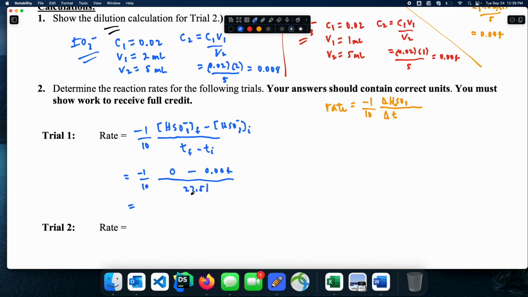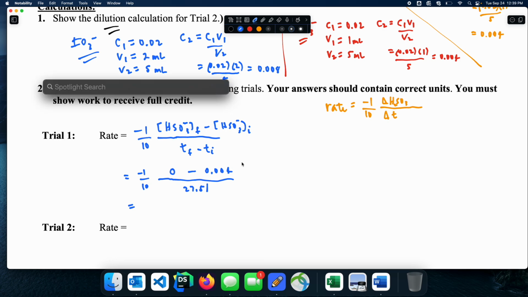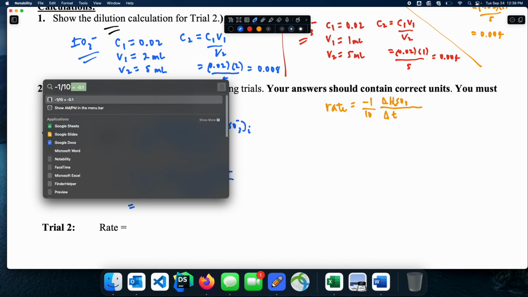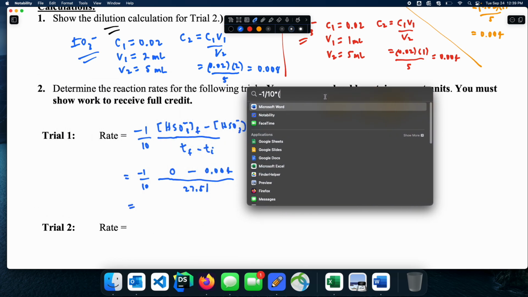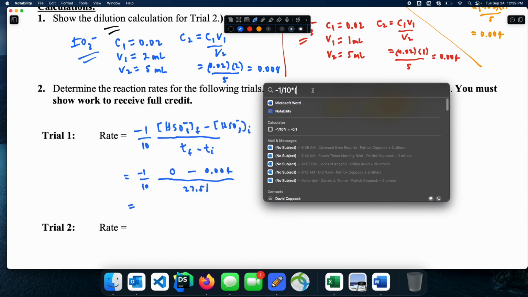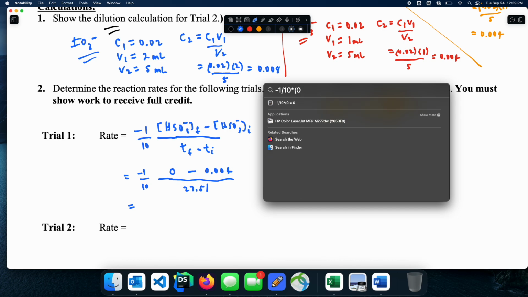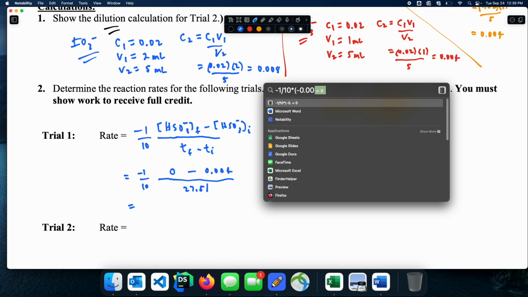The rate in trial 1 is, I guess I can do that math. That's not so bad. Minus 1 over 10 times, let's use big parentheses, negative 0.004 divided by 27.51.